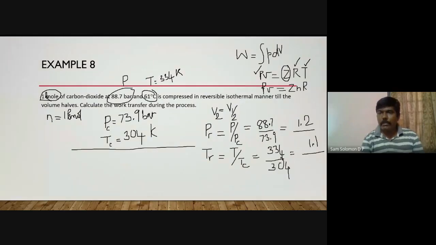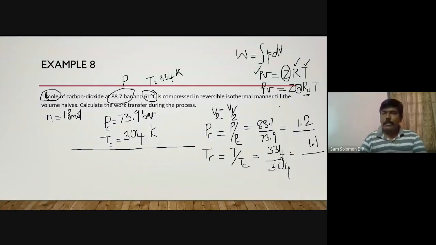This is what you will also be doing. If you are not careful enough, you will overlook this and end up with a wrong answer, because the number of moles is given. So you have to substitute it as RU. R value will be lesser than RU, so you will end up getting a wrong answer for your work done. So you have to be a little bit careful here.